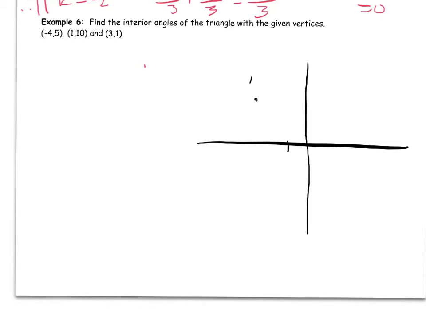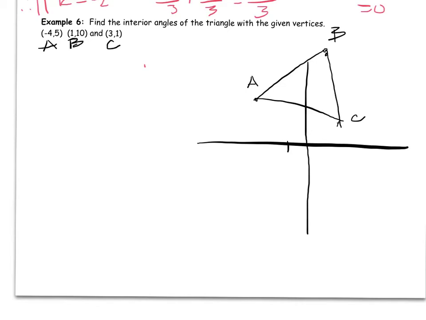This is A. B is going to be right about here at (1, 10), and C is going to be about (3, 1). So A, B, C.